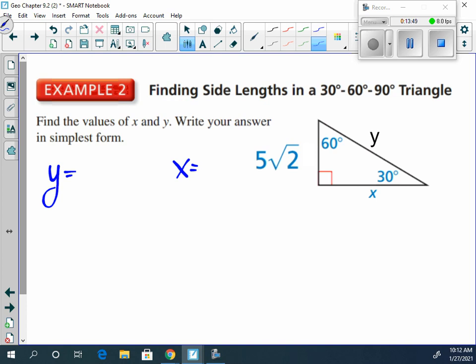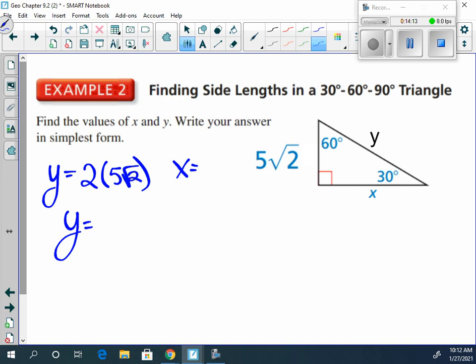Okay, so the side opposite 90. Well, how do I find that? Right, because to find the hypotenuse, we multiply the shortest side length by 2, because the hypotenuse is equal to twice the shortest side length. It's doubled. So we're going to multiply it by 2.